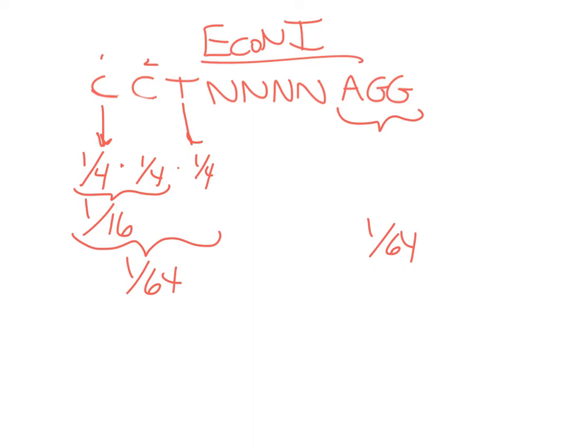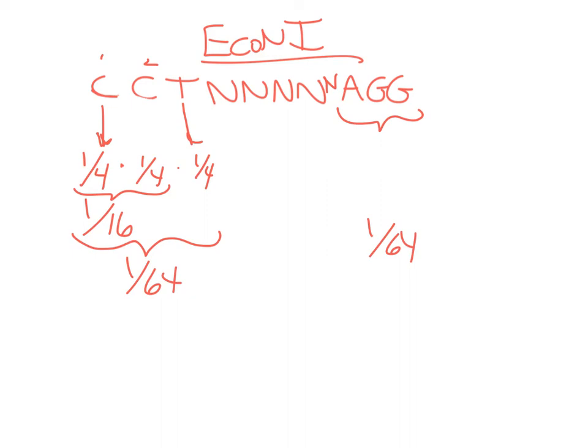So then the trick is, what do you do with these 4 nucleotides, or 5? Whatever it is, it doesn't matter. I'll tell you why in just a second. So what do we do with those? The N stands for any nucleotide. So what's the probability that you grab a chromosome and you're grabbing one nucleotide and it's any of the 4 nucleotides?